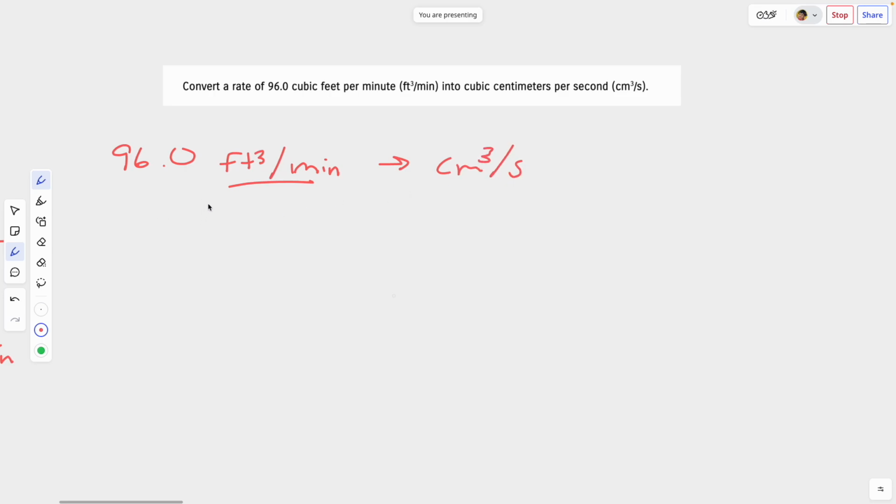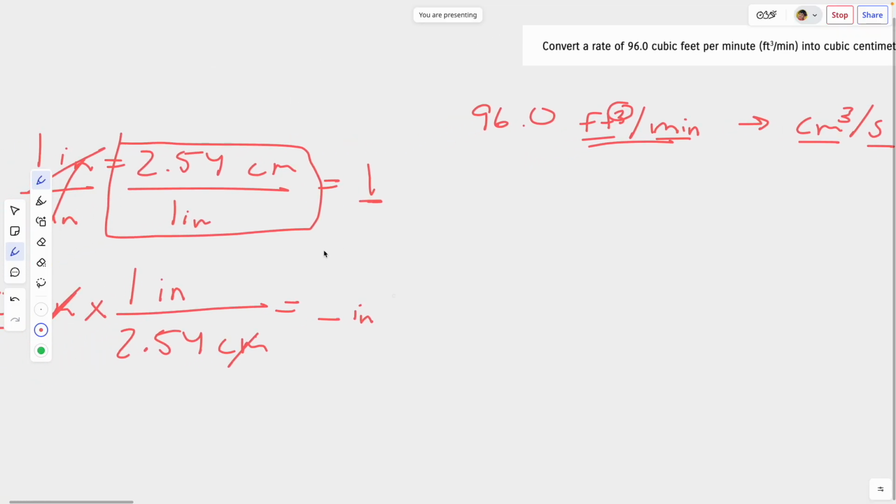So notice that our numerator unit is changing and our denominator is changing as well. And also it's important to note that we have a cubic unit here, cubic feet and cubic centimeters. And that's going to play a role in our dimensional analysis calculations. It'll be slightly different than this simple linear unit here.